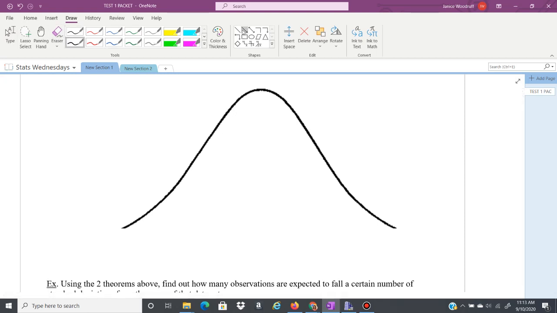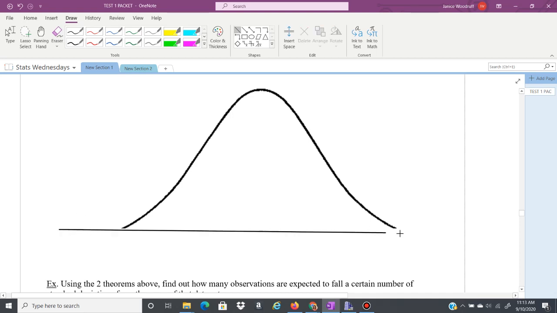I'm going to put a line underneath it because for some reason this didn't print. Then within that line there should be another line here, here and here.